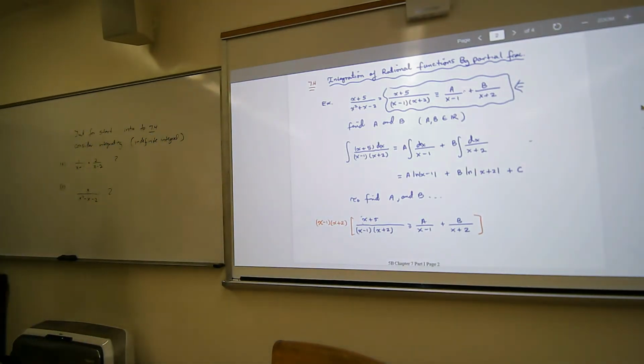Suppose that you had this problem to integrate. Easy, right? Because what do you get for the antiderivative? Natural log of x plus 1, plus 2 ln of x plus 2, minus 2.